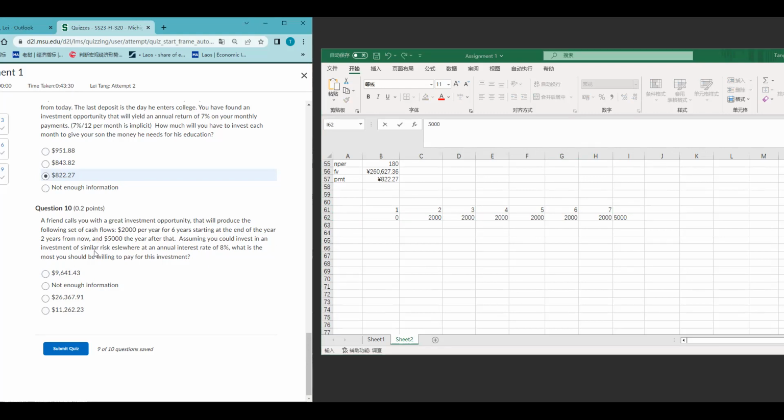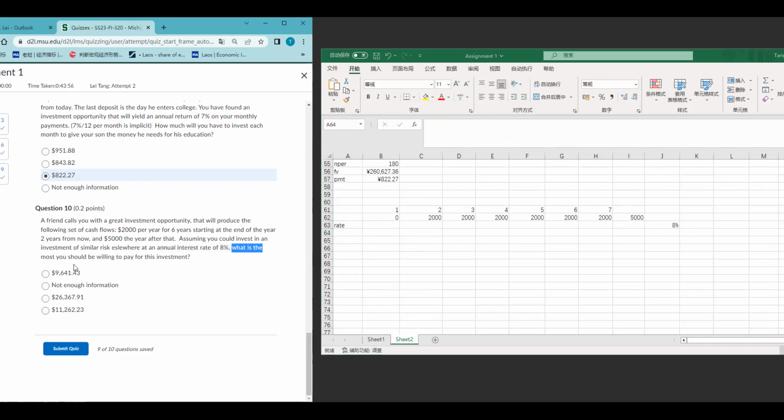You can invest, and we know the annual interest rate is 8%. So the rate is 8% per year, right?